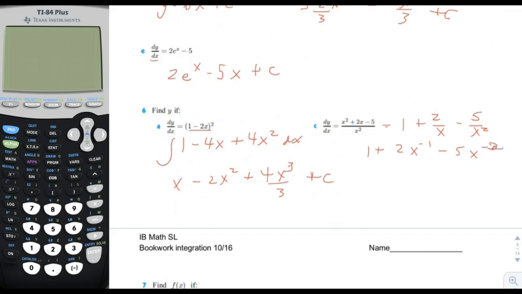So if we take the integral of this, we're going to get x plus, actually, the integral of 2 over x is 2 log of x, right? And for 5 over x squared, we're going to put x to the negative 1 times 5, is that right? So take the derivative of that, it would be negative 5x to the negative 2. Yeah, that worked out. And then plus c. Okay, so that was it for page 9.